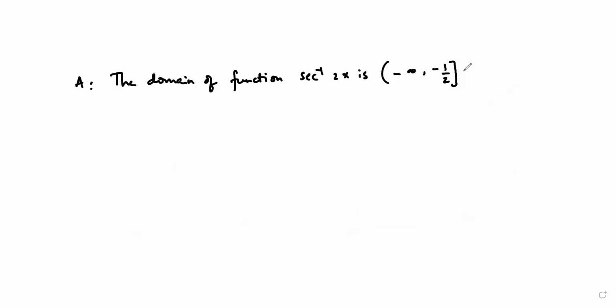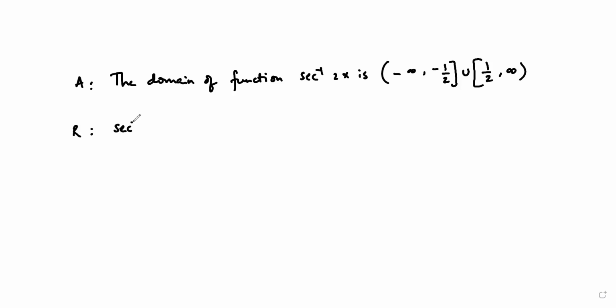Assertion: they are telling that the domain of the function secant inverse of 2x is minus infinity to minus 1 by 2 union 1 by 2 to infinity.